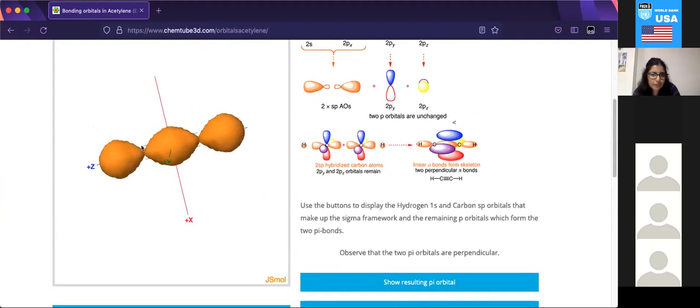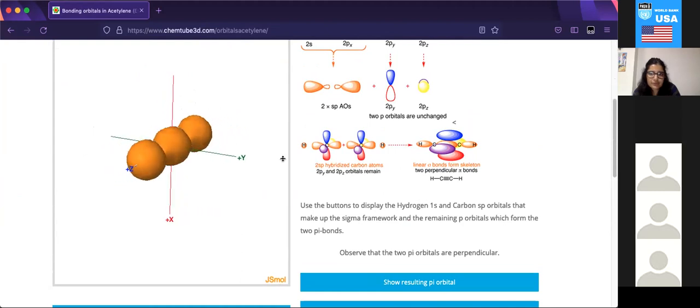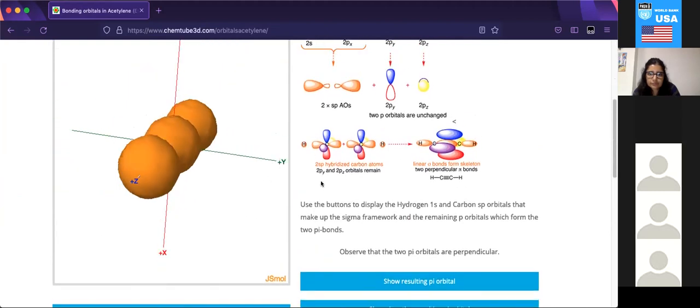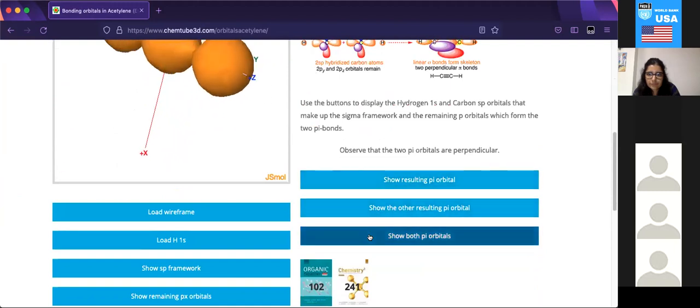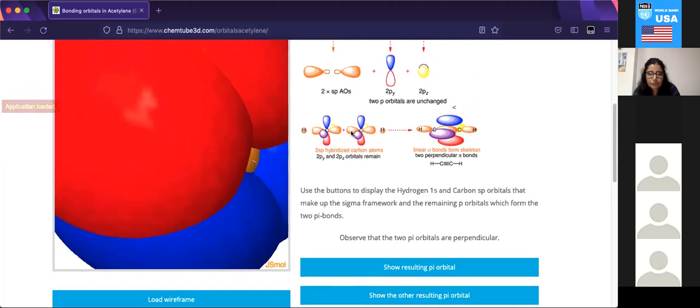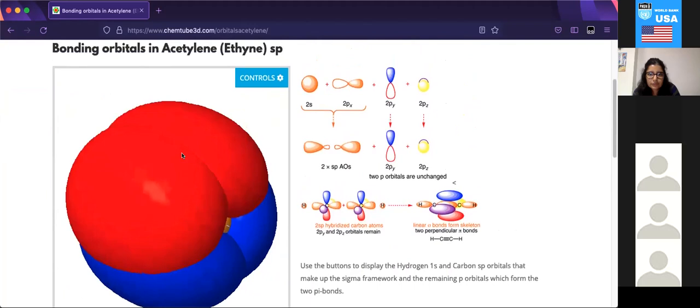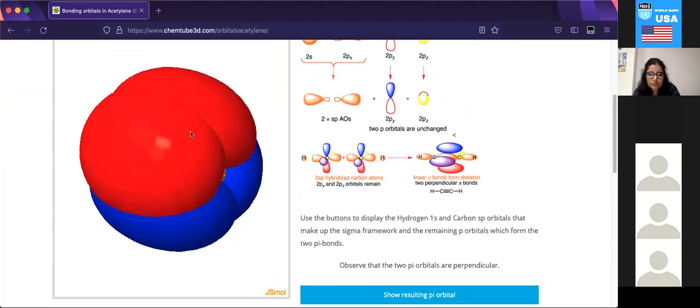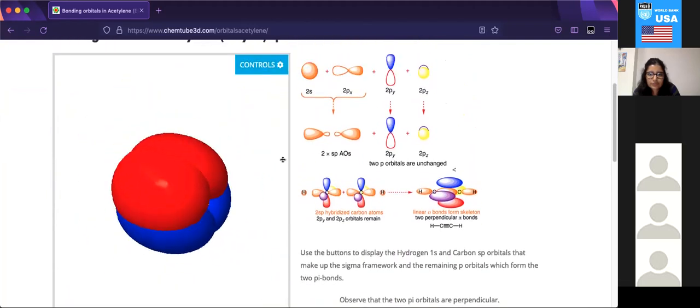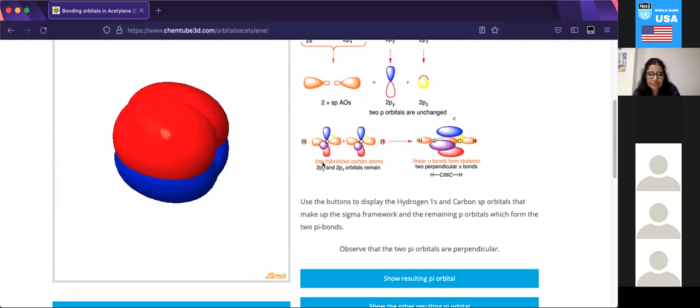The overlap is also shown here. This has just ballooned up, but yeah. So you can see the pi overlap, it's a linear shape.